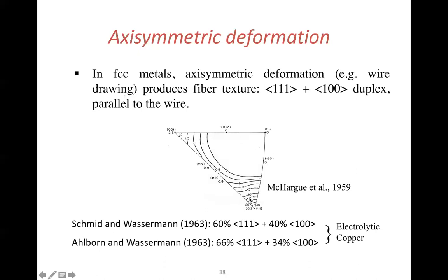And this gives you a 111-100 duplex texture, meaning that our sample normal, we have a large number of crystals with 111 parallel to our sample normal, and a lot of 001 parallel to our sample normal, but very little 011.